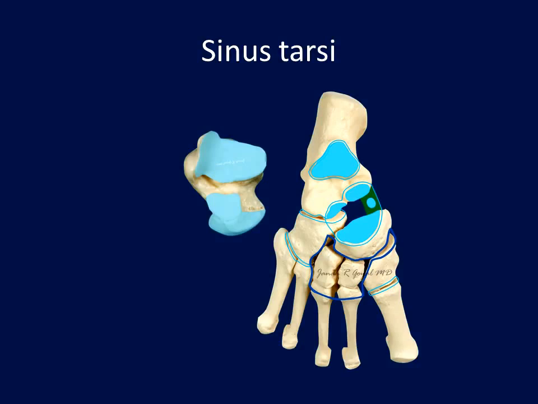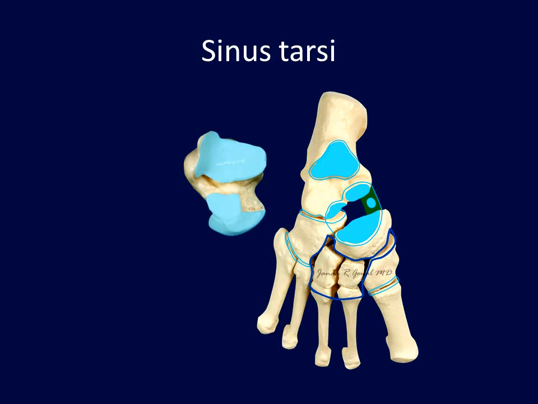Let's look at the anatomical concept of sinus tarsi. The sulcus calcanei is a deep groove which separates the posterior and middle talar facet of the calcaneus and gives attachment to the interosseous talocalcaneal ligament. The sulcus tali is a deep groove between the posterior and middle calcaneal facet of the talus.